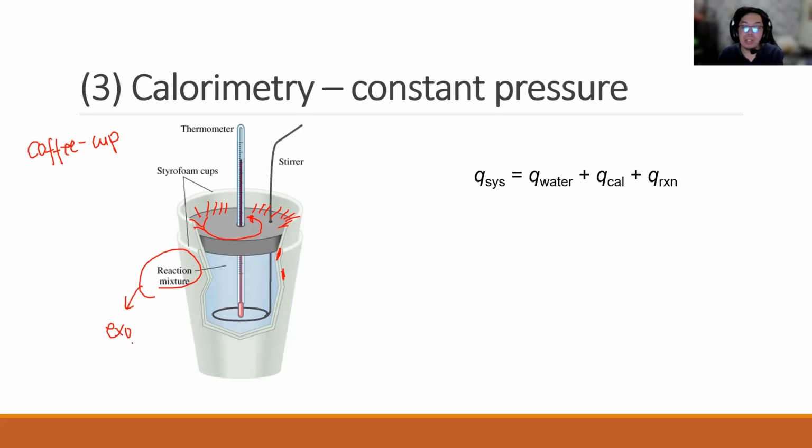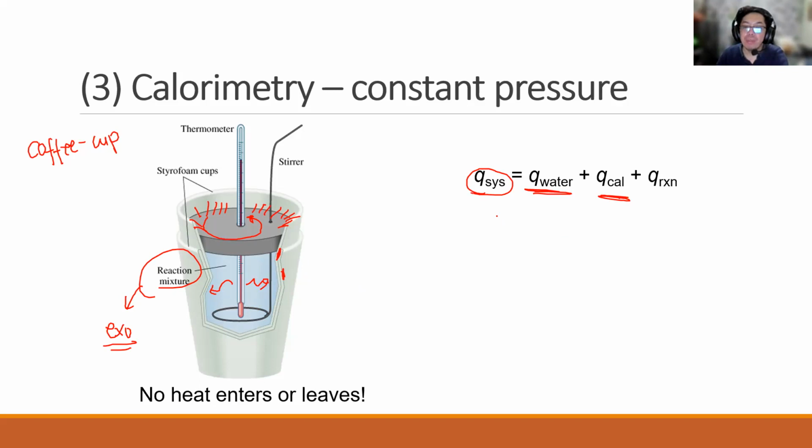If your reaction is an exothermic reaction, who will absorb the heat? The water and your calorimeter, right? What can you say about the Q system, Josh? No heat enters or leaves. So what does it mean? Zero. Very good. Your Q system is equal to 0.